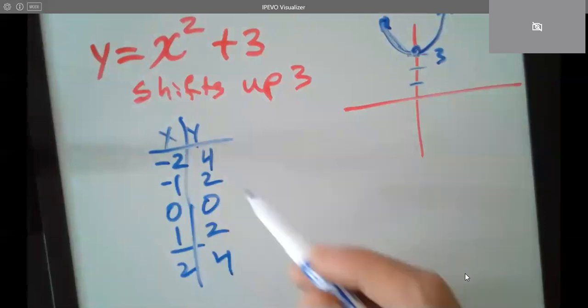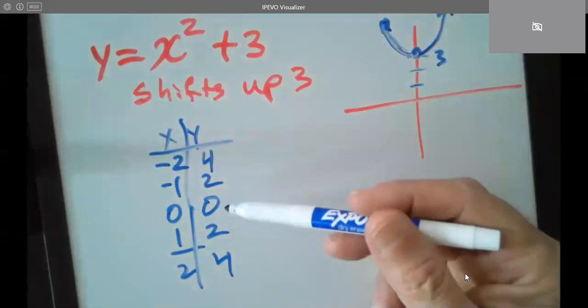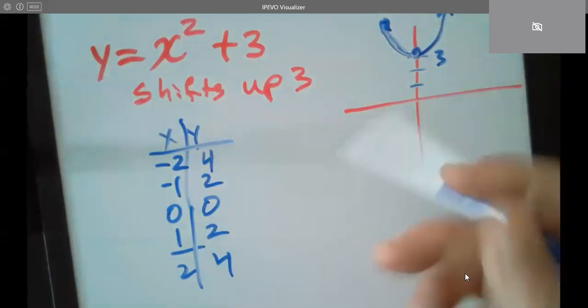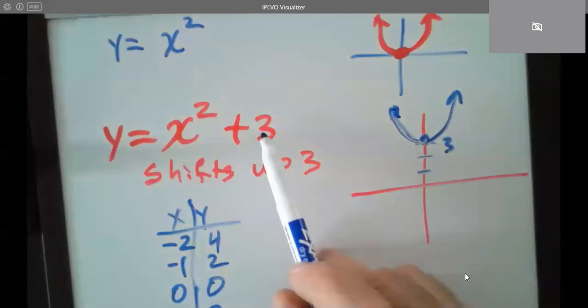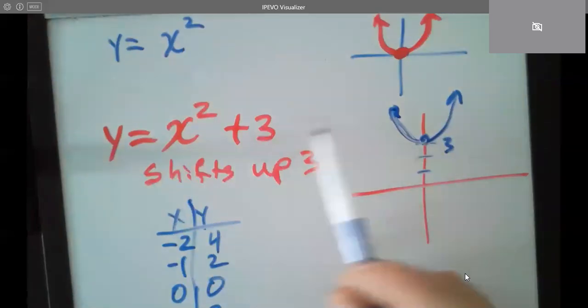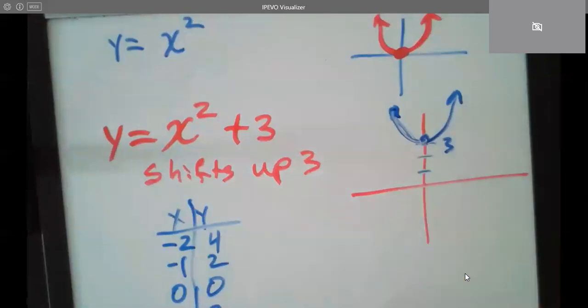And then we plotted those points. Well, that's fine to start with, but when we get into more complex graphs, we want to use what we call transformations.